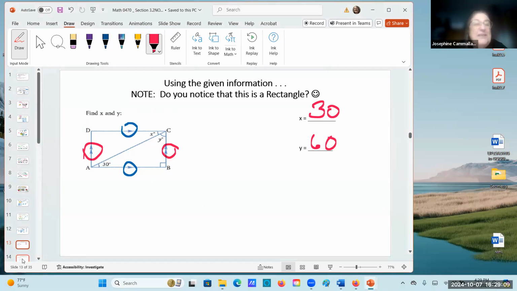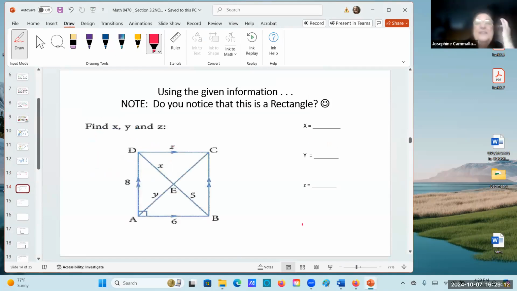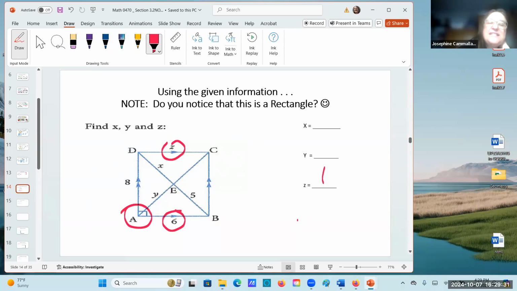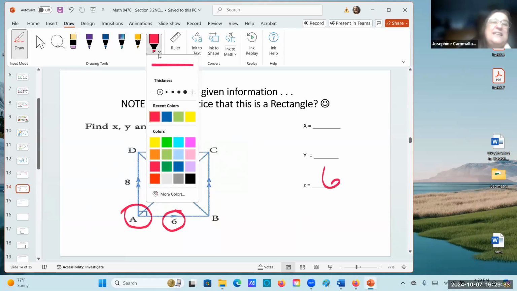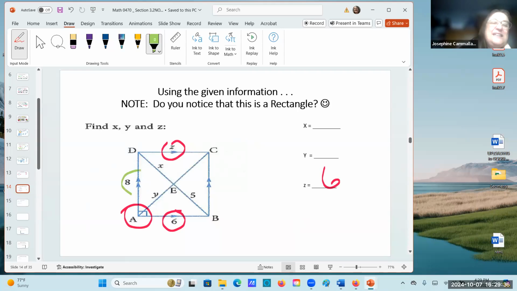Now, this one. Okay. Now, this one should be real easy. First off, I have a box. Opposite sides have got to be equal.